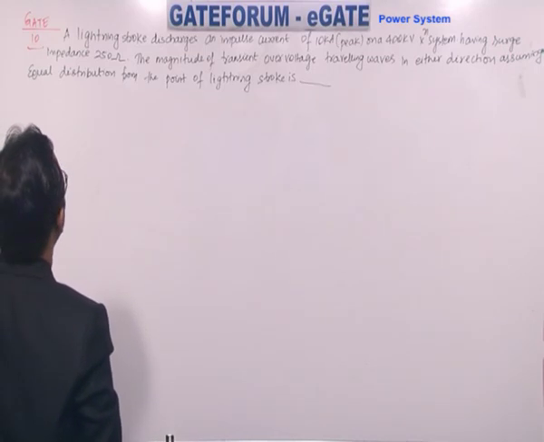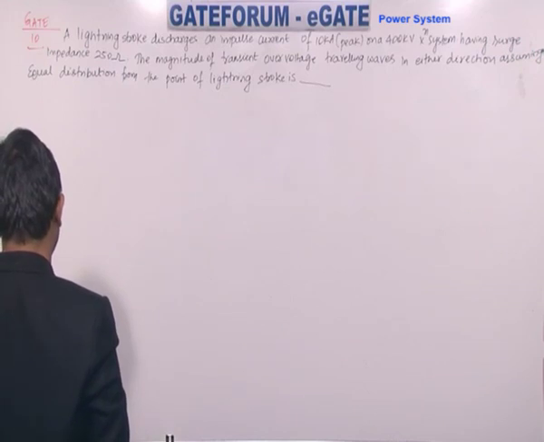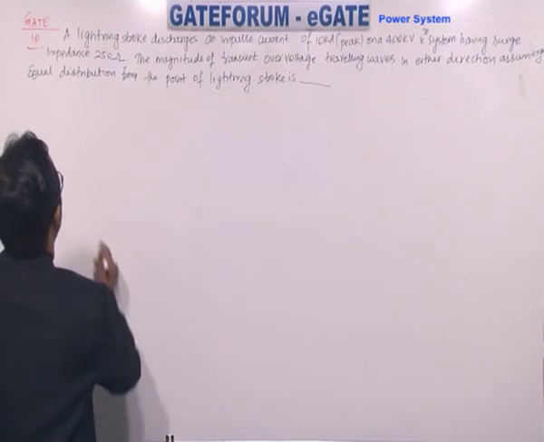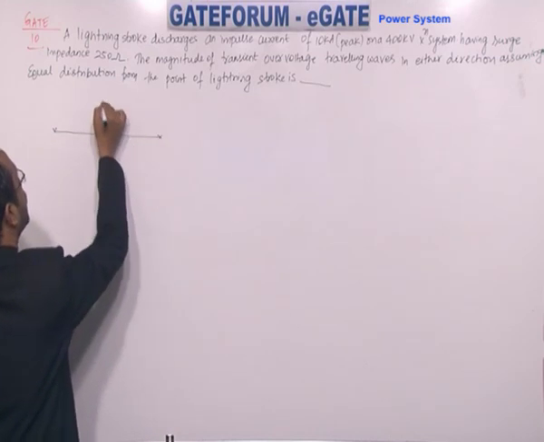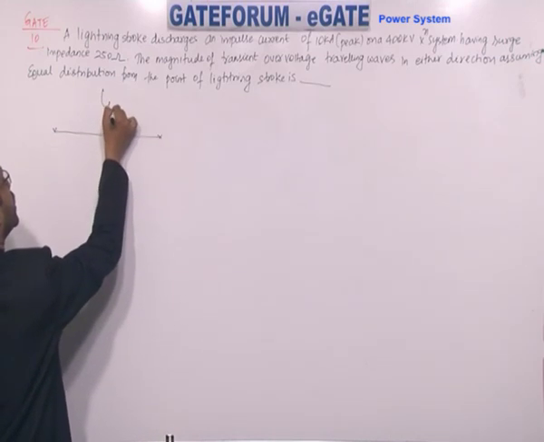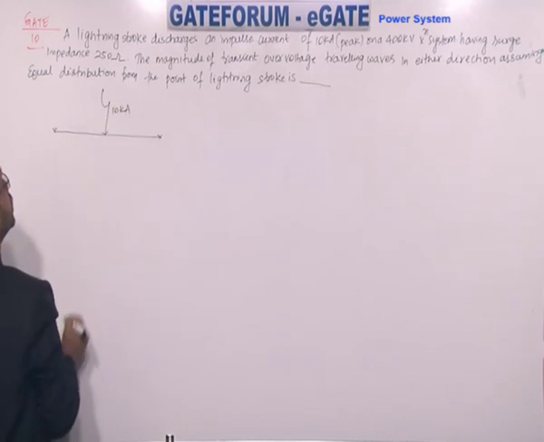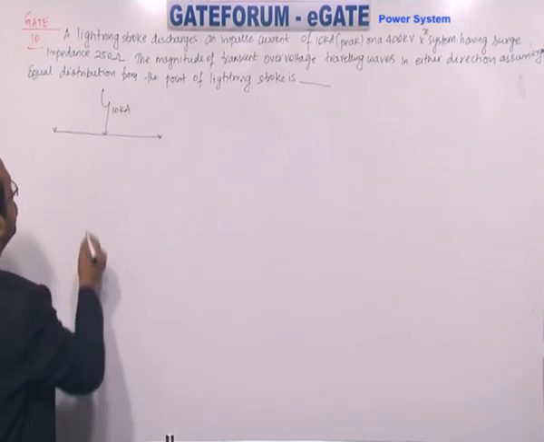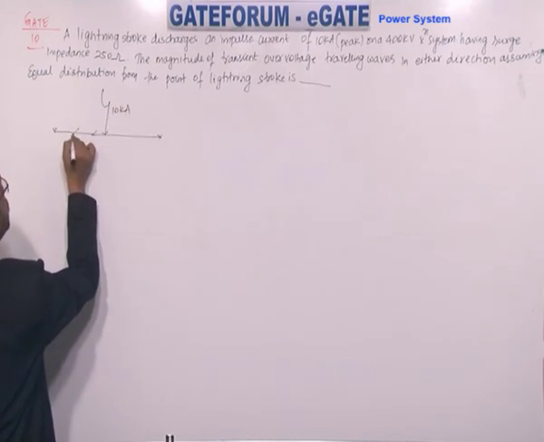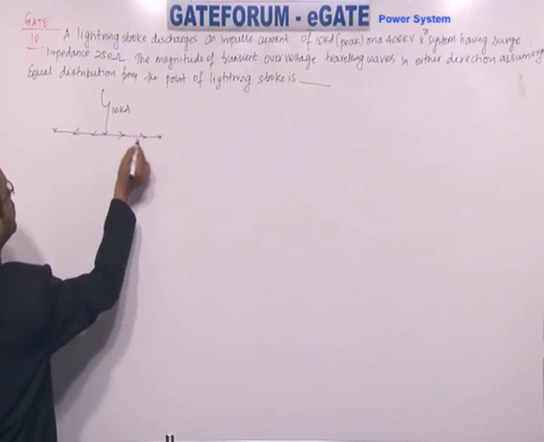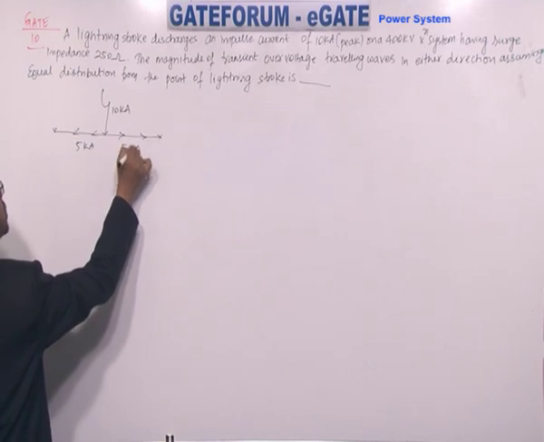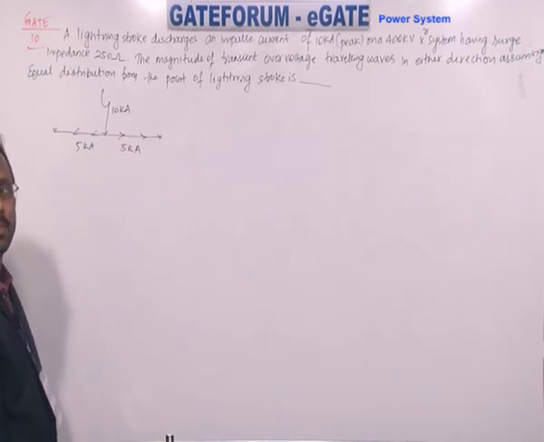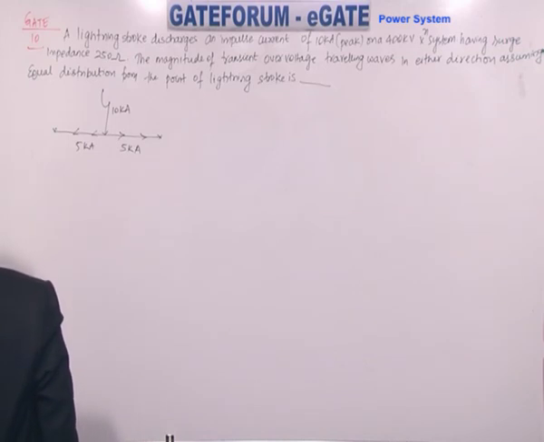So impedance, how much is it given? 250 ohms. Now you check here, you have a transmission line. Lightning impact of 10 kiloamperes is exactly at the middle. So after the impact takes place, how much current flows on either side? 5 kiloamperes each flows on either side.